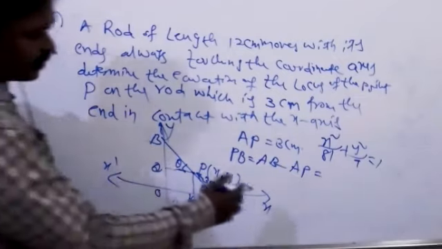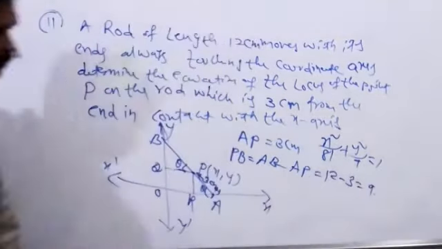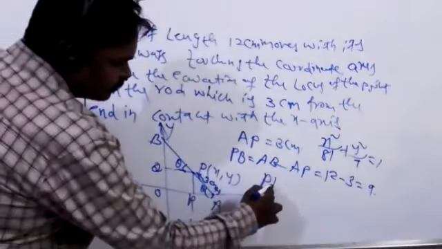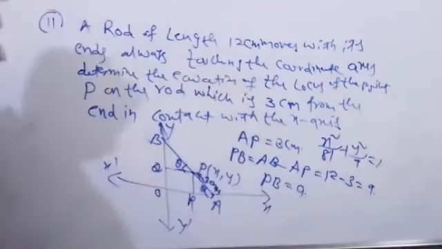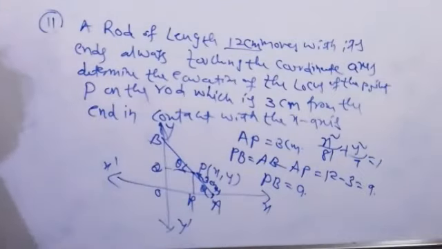Total length is 12. 12 minus 3 is equal to 9. AB length is given, 12 centimeters. PB is equal to 9. Then PQ is perpendicular to OY.